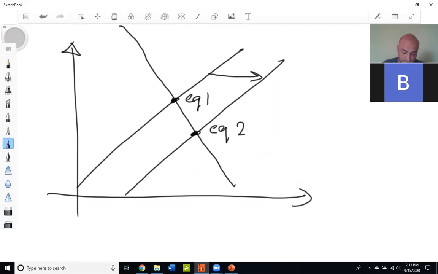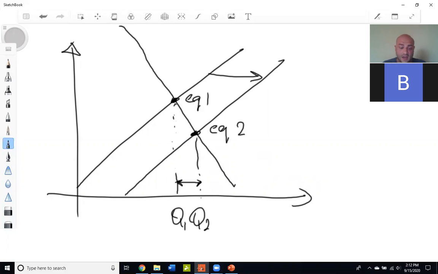Two things happened. First of all, our quantity of supply increased. That's a good thing. We like that. We were selling more wheat now to the public by this much. Our quantity increased by this much.